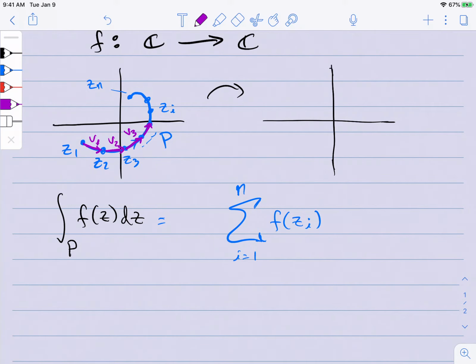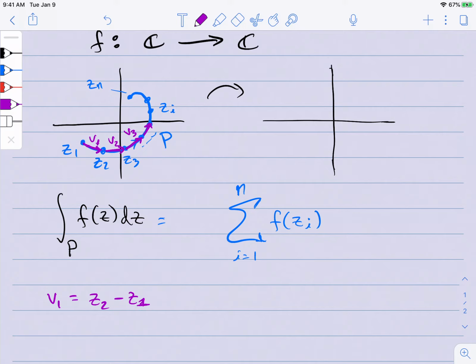So in particular, v1 as a complex number, I could write this as z2 minus z1, right? That's what complex addition tells us this vector is equal to.